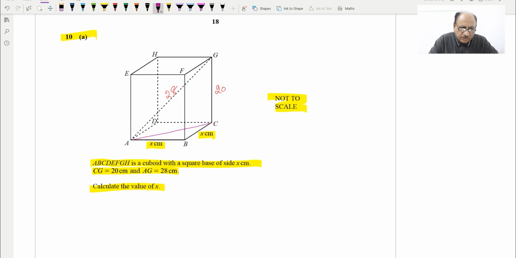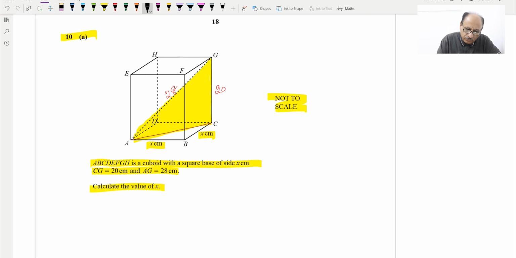So we will calculate AC by using the triangle which I have highlighted, and after that we will use the other triangle.